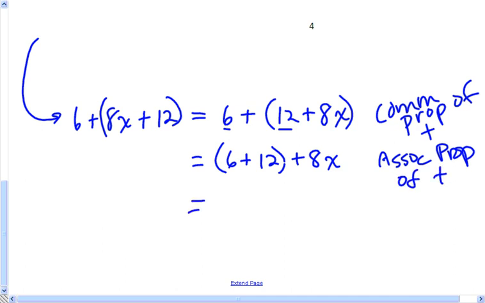And 6 plus 12, we're just going to simplify that to 18. And that is just simplifying. And we can't go any further because we don't have like terms here. There are no properties that will help us simplify that anymore.